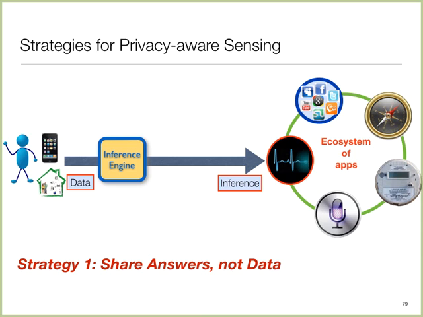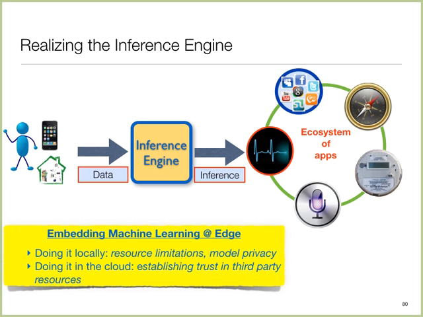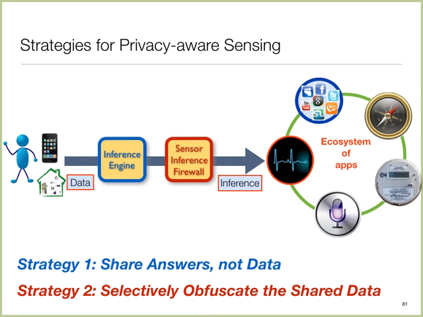Let's say you know roughly my height, you can figure out roughly my step size, and now begin to translate back into some additional information. So while this helps a lot, it's not always the answer, and it also requires embedding more intelligence on the edge devices and whatever issues come with that. Another strategy is to selectively obfuscate the shared data.